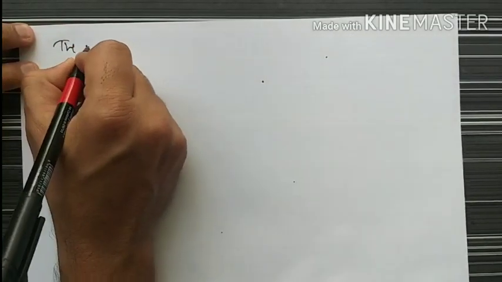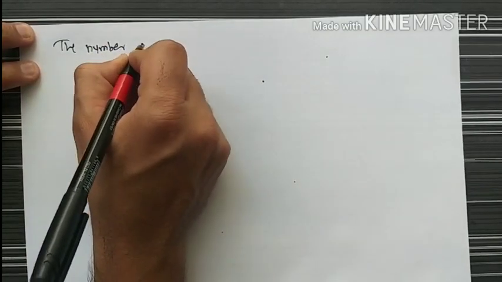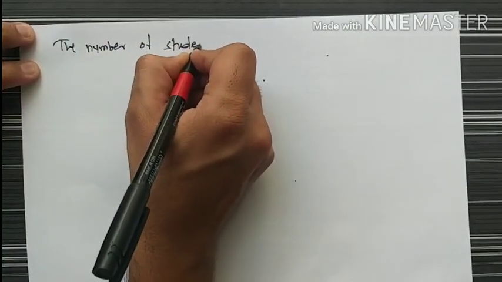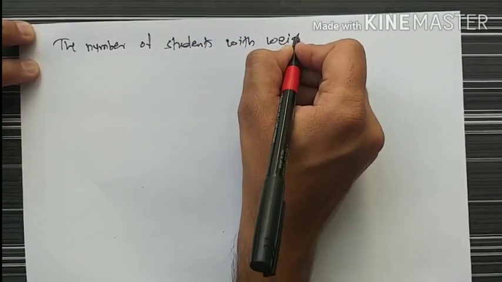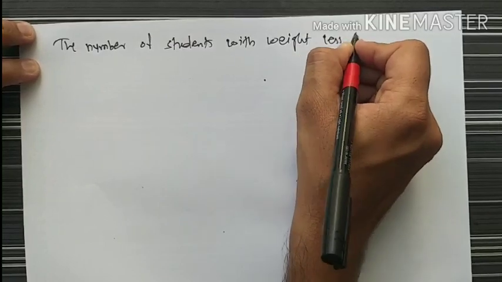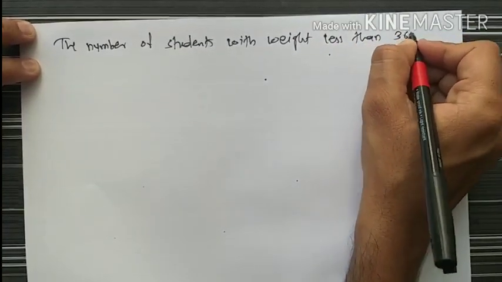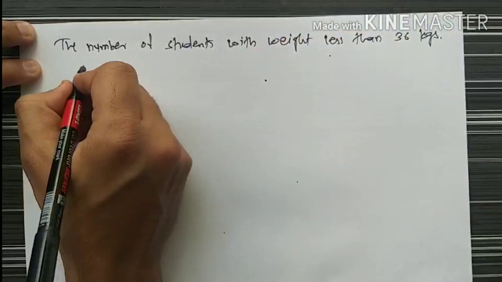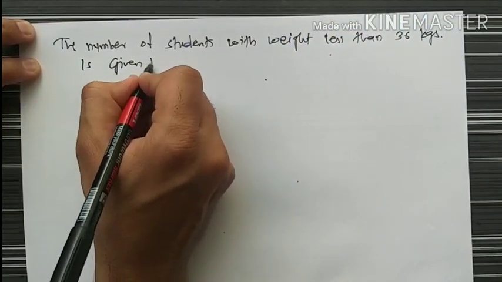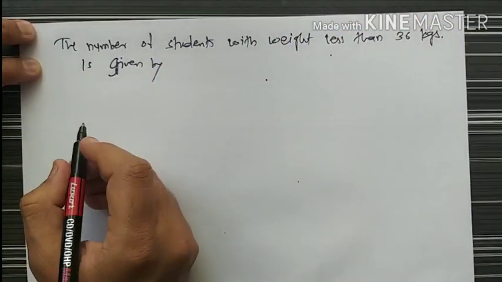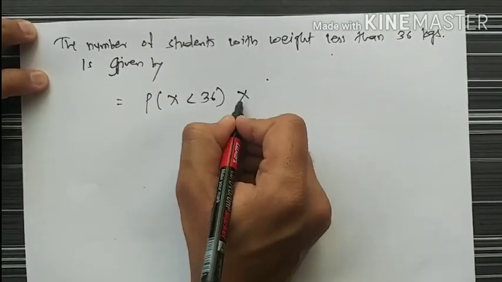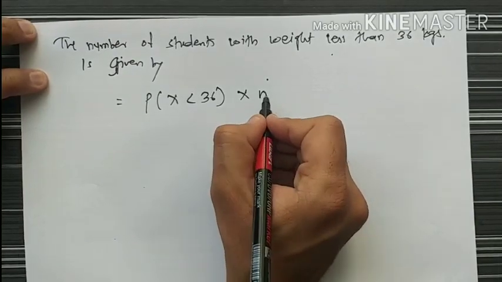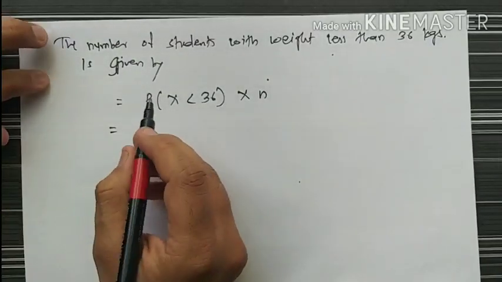So the probability that X is less than 36 is 0.1587. Now the number of students with weight less than 36 kilograms is given by the probability that X is less than 36 multiplied by N, where N denotes the total number of students.